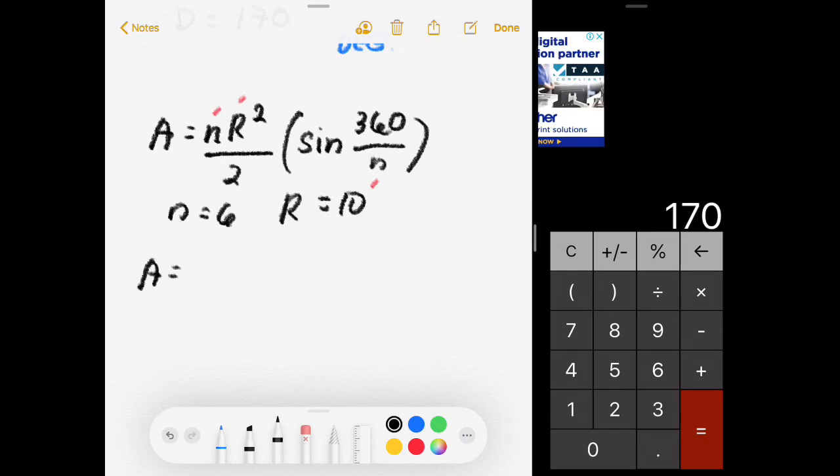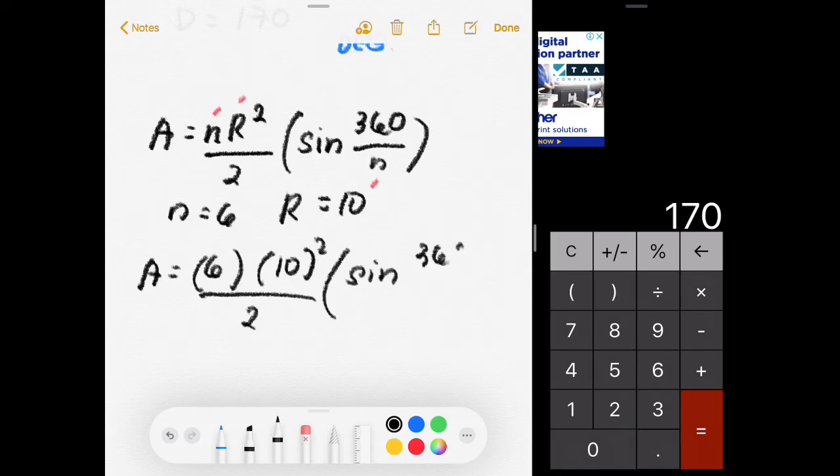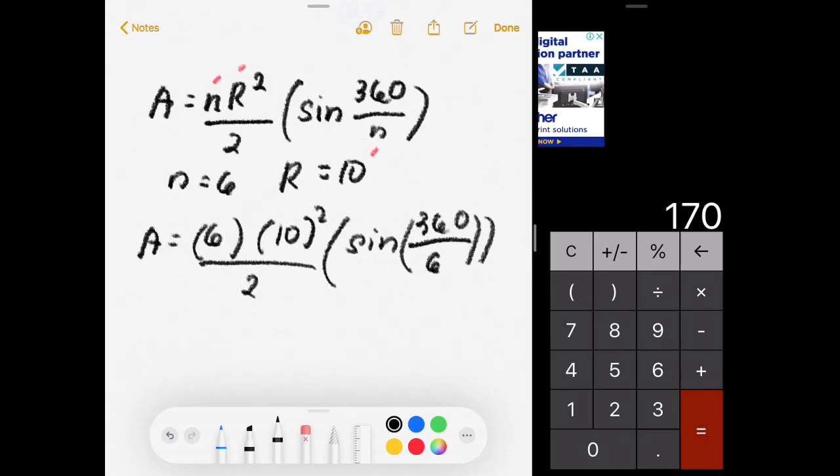So let's solve. Area equals n, we have 6, multiplied by 10 squared over 2. And then let's proceed with sine 360 over n, which is 6. Okay, so lagyan mo yan ng parenthesis para kapag in-input mo sa scientific calculator, hindi ka na malito.